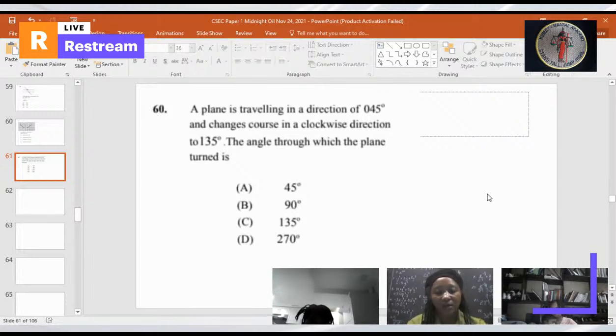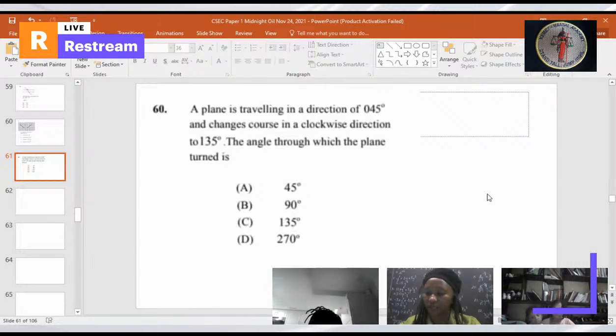They want the angle through which the plane turned. So what's the difference between the angle where it was heading first to where it's heading now? That's what they're asking.